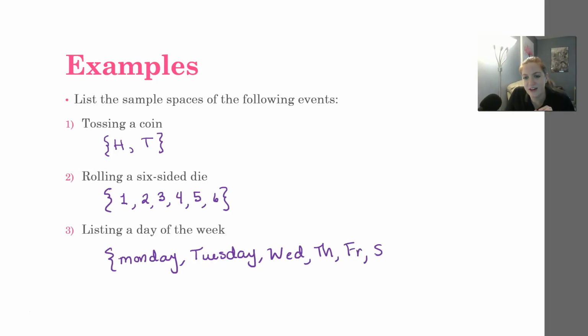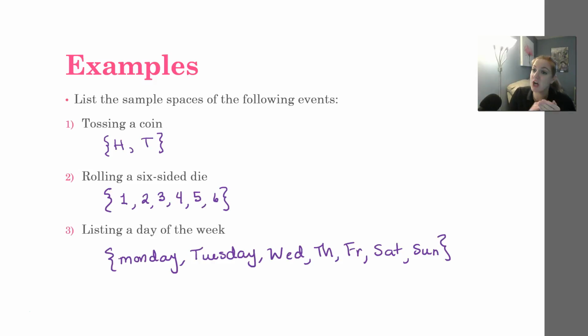So Friday, Saturday, Sunday, usually the favorite days of the week. This would be your set of possible outcomes for listing a day of the week. That's all it is. You're just listing the possibilities.